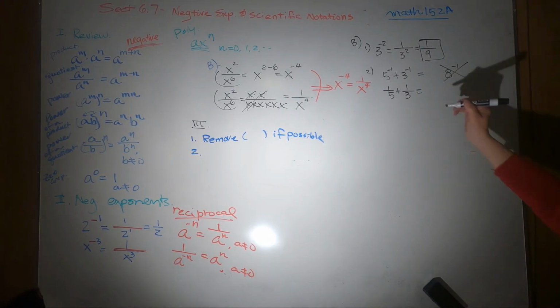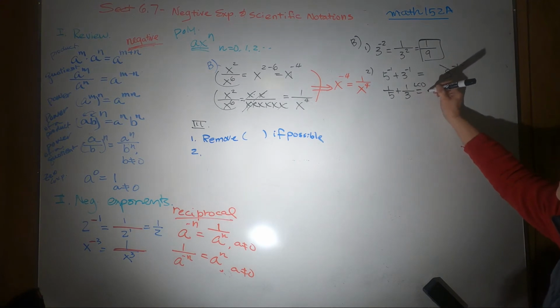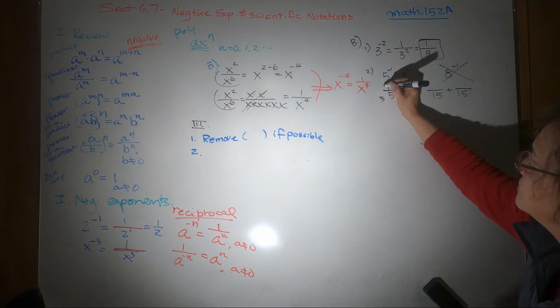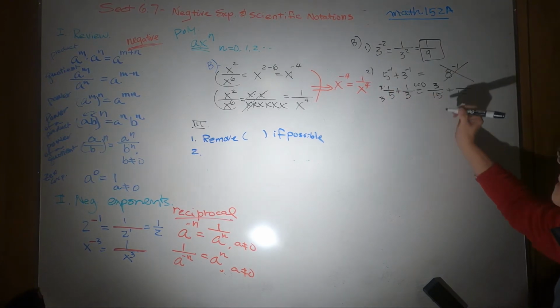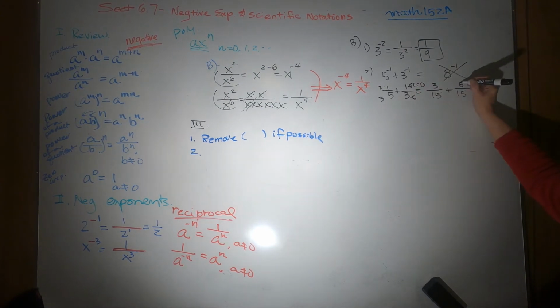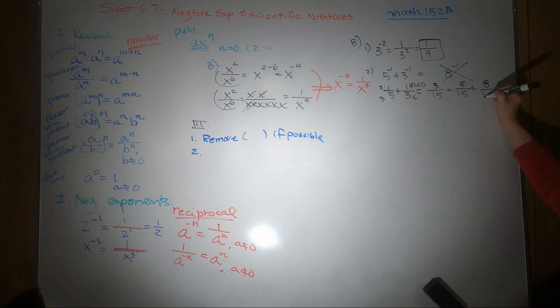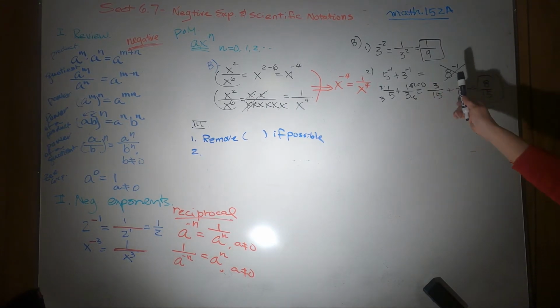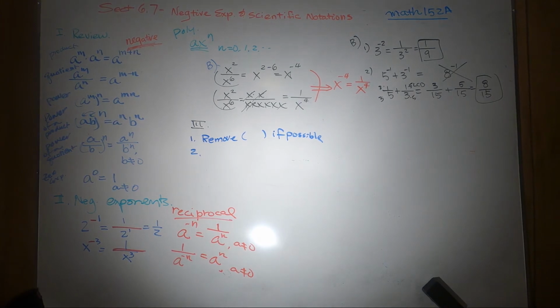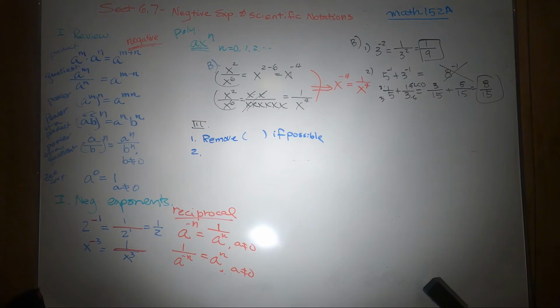You have to use the LCD, right? Which is 15. So this one times 3 to get a 15, and this one times 5 to get a 15. So your result should be what? 8/15, right? Don't do those things. We have to do it just like fractions, the way fractions work.